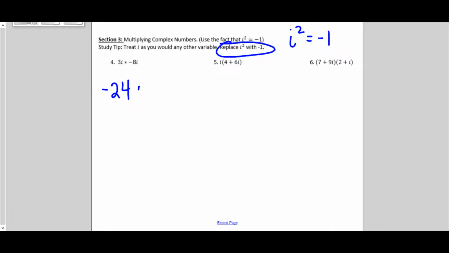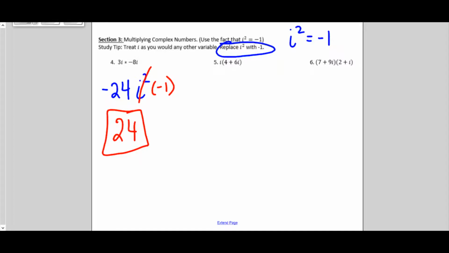And i times i is i squared. But remember, anytime you see an i squared, you replace it with negative 1. So this would say negative 24 times negative 1, which is positive 24. So that's the only difference when you're multiplying, is whenever you see an i squared, just replace it with negative 1. Other than that, it's just like multiplying as if we had some other variables there that weren't i.